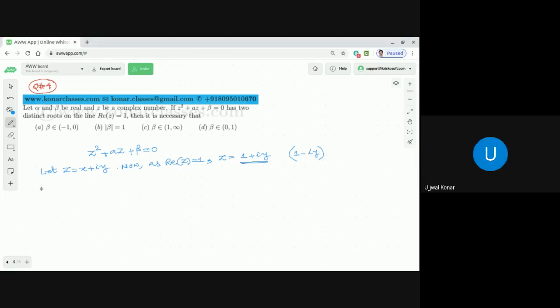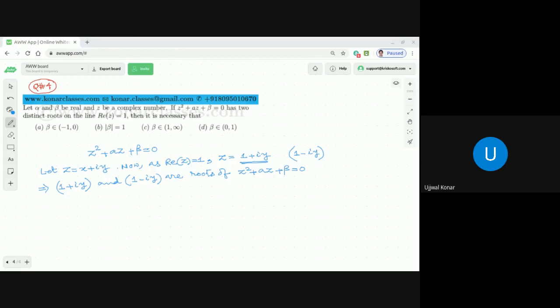So from here what we can say is that 1 plus iy and 1 minus iy are roots of z square plus alpha z plus beta equal to 0.